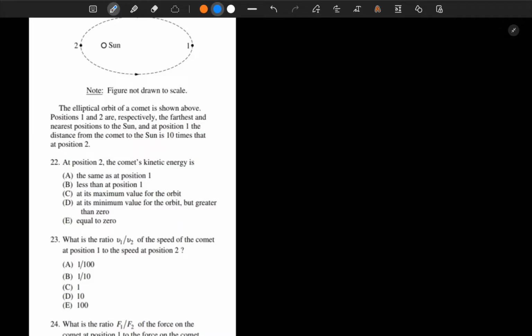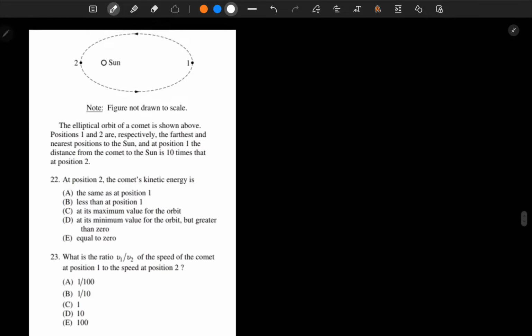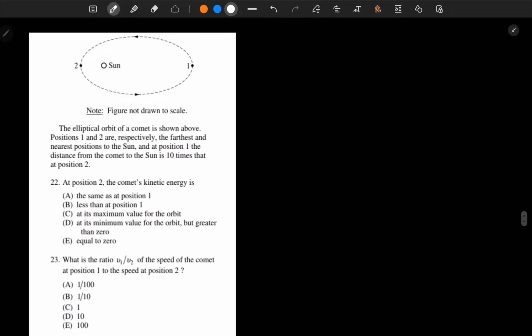Well, we know that for elliptical orbits, the velocity has its smallest value when the comet is farthest away, and when it is nearest, so at position 2, it has its largest value. And we know that from Kepler's laws.